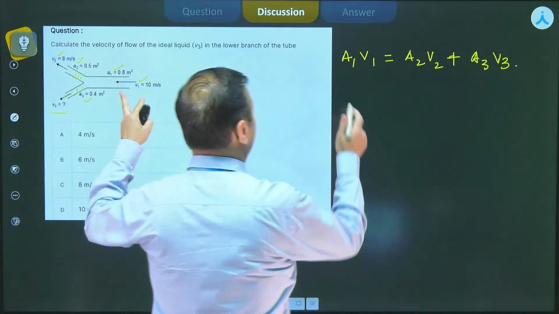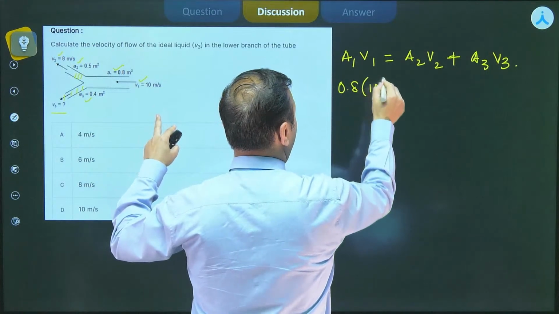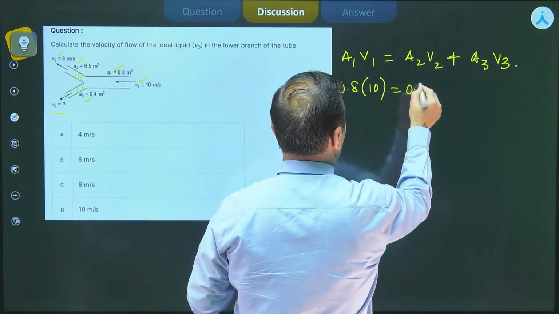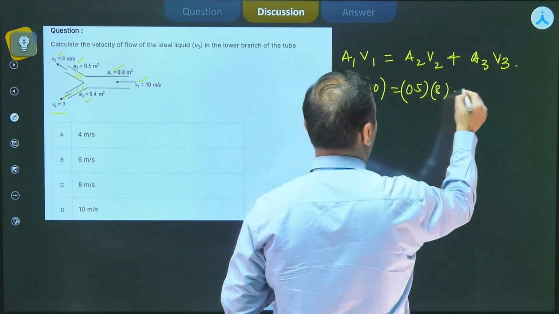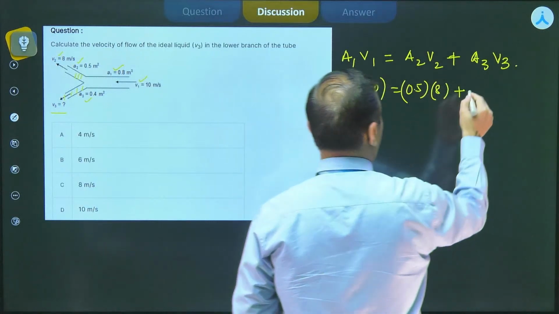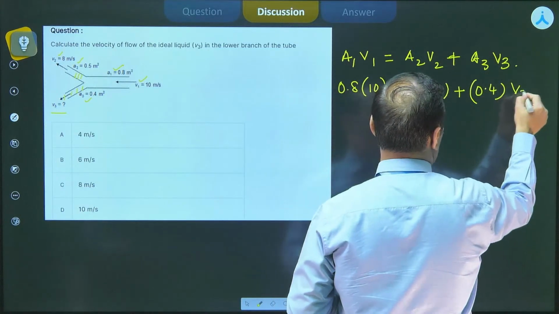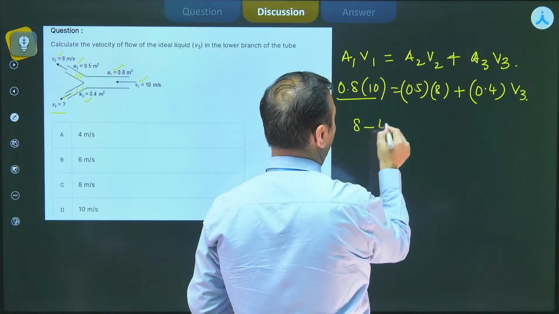So A1, what is A1? 0.8, V1 is 10. What is A2? A2 is 0.5. What is V2? V2 is 8, plus A3. A3 is 0.4. What is V3? We are supposed to find out V3. So that gives me 8, that gives me 4.